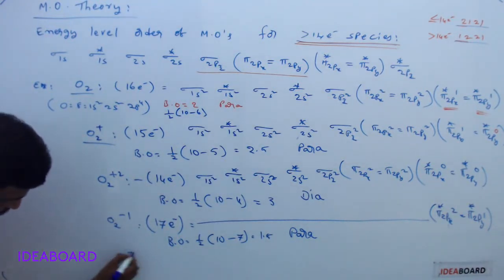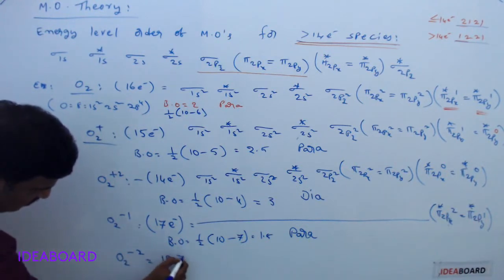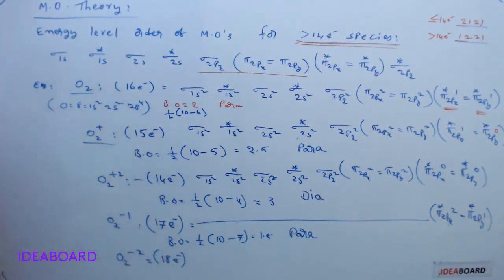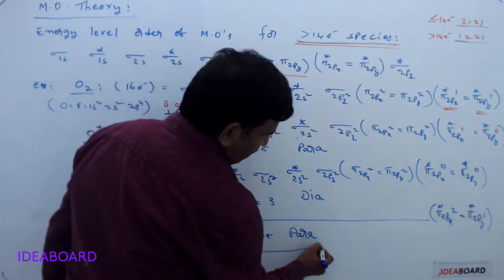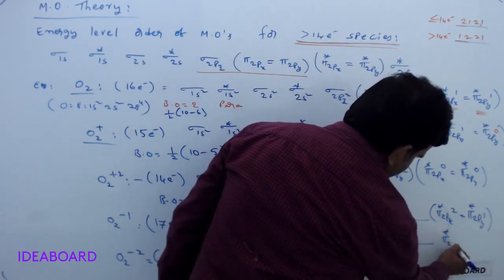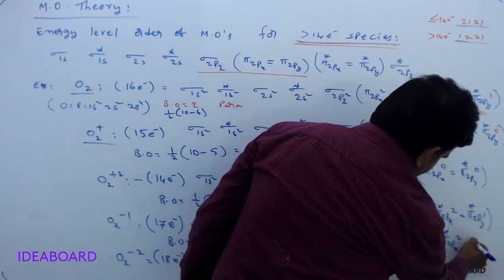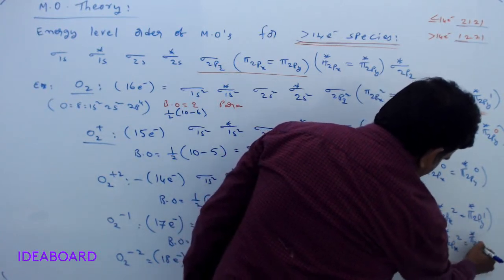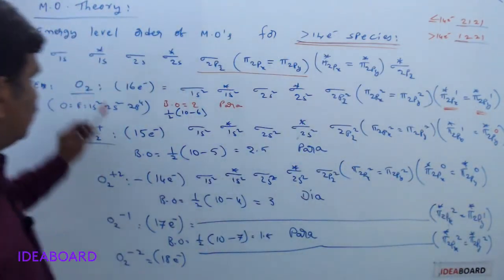O2 minus 2. O2 minus 2 means it is an 18 electron species. Here we have the same configuration with a slight change. One more electron increased, so pi star 2px2 is equal to pi star 2py2. Otherwise, it is same as O2.